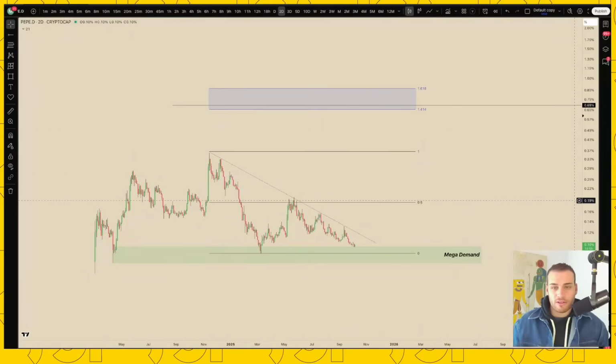The reason this is an important level is because it's 0.69%. And we know that PEPE USD likes to top just above the 1414. And when you look at the PEPE dominance chart, you can say, 0.69% is right above the PEPE dominance 1414. Maybe, just maybe. It's crypto after all, right?